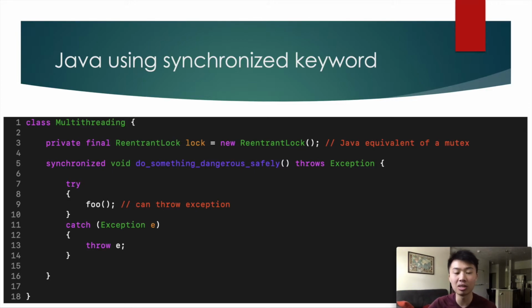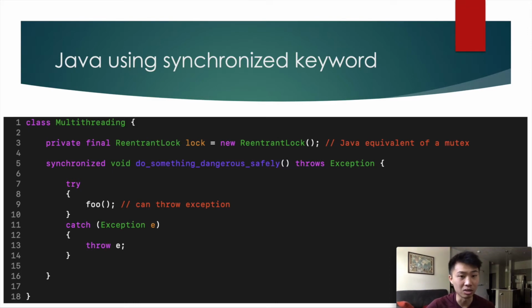You just use this synchronized keyword in the method signature, and it makes the entire method thread safe. That means that only one thread will be able to enter the method at a time, and it will handle all unlocking, no matter if it leaves the function normally or through an exception.